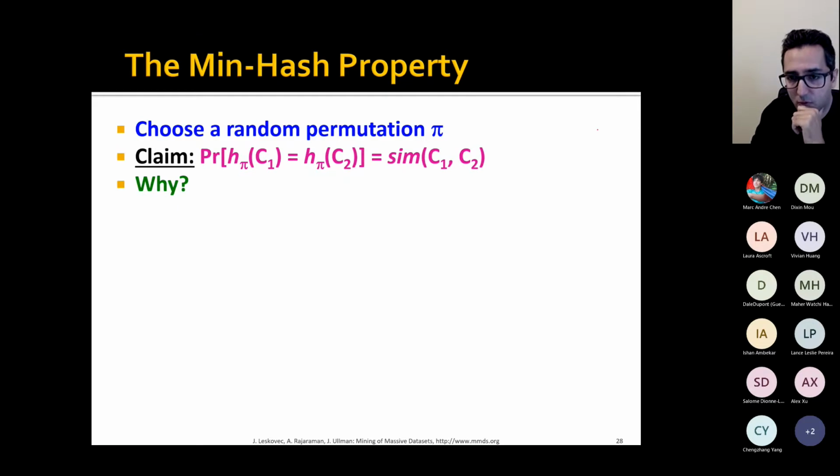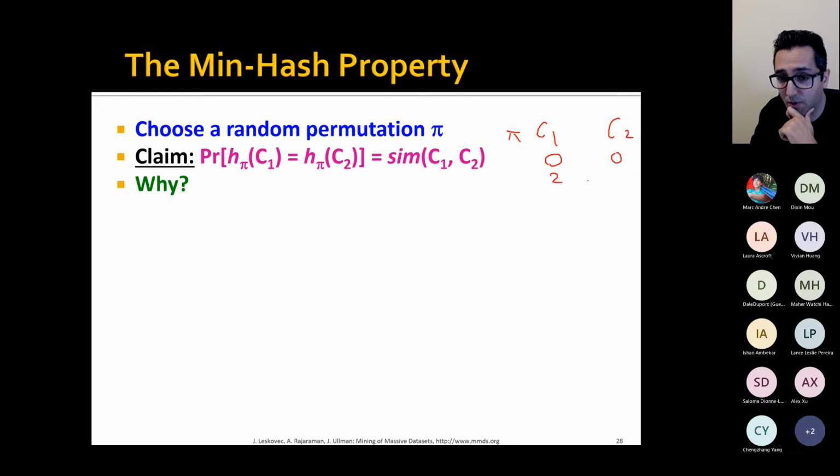So for example, for two columns C1, C2 and a given permutation pi, it says the Jaccard similarity of these two is the same as the probability of the numbers that I come up with using permutation pi being the same.